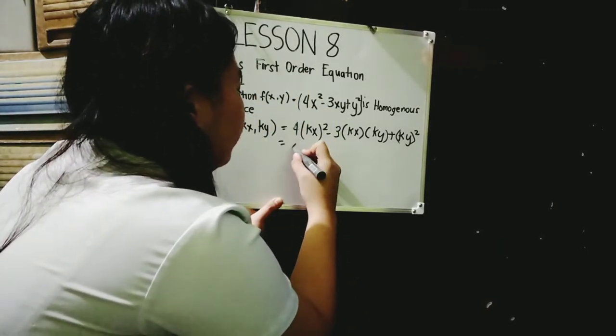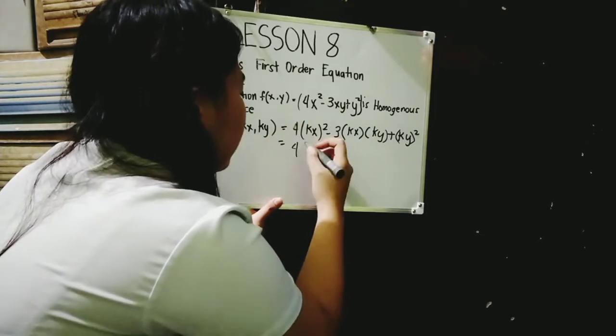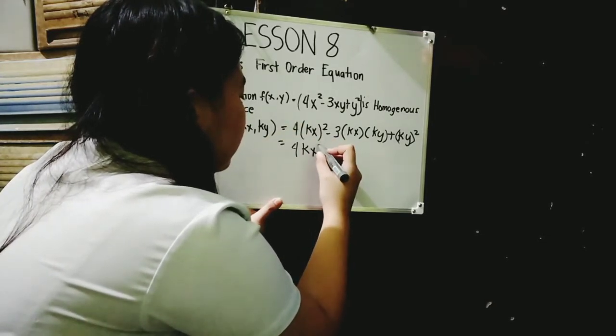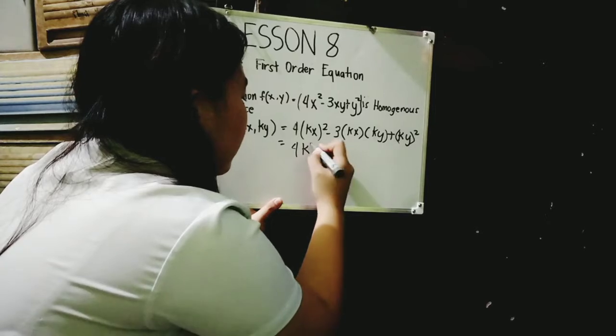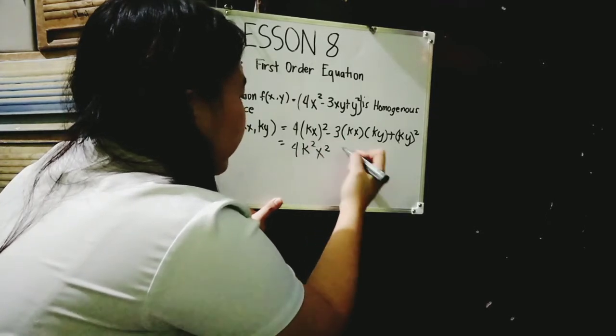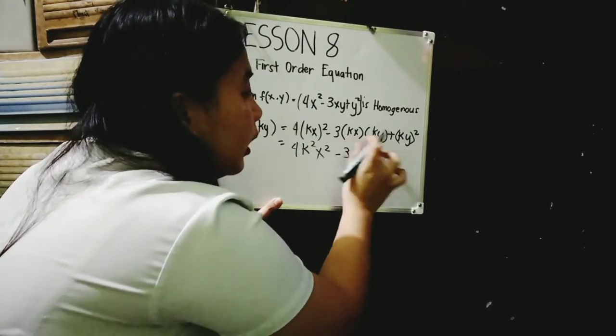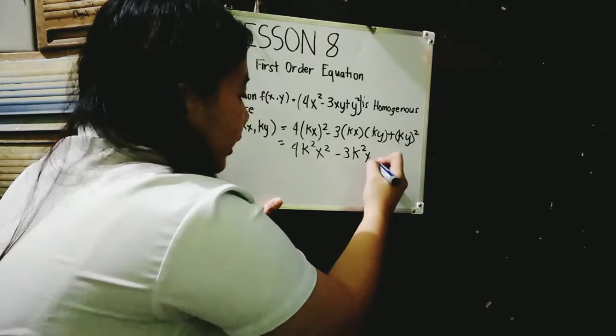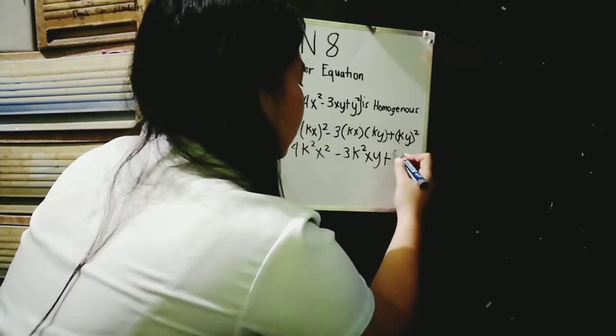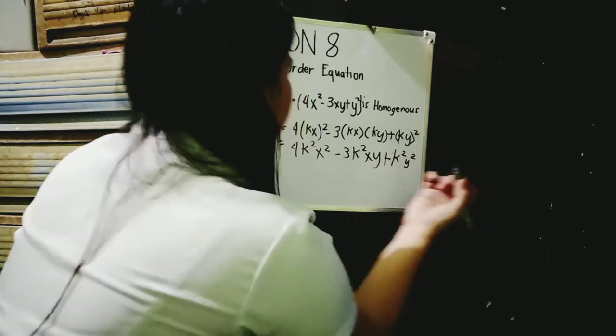So, magiging 4k squared x squared minus 3k squared xy plus k squared y squared.